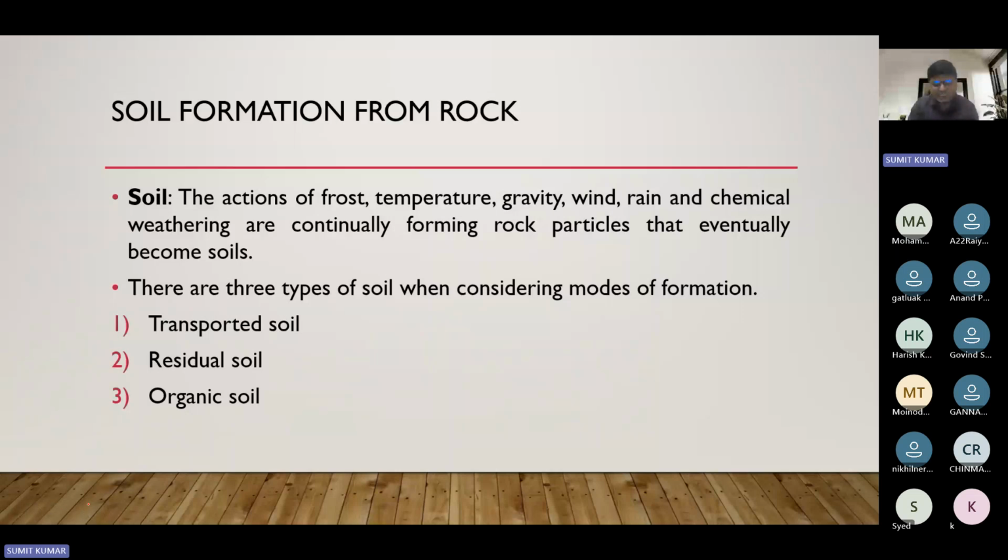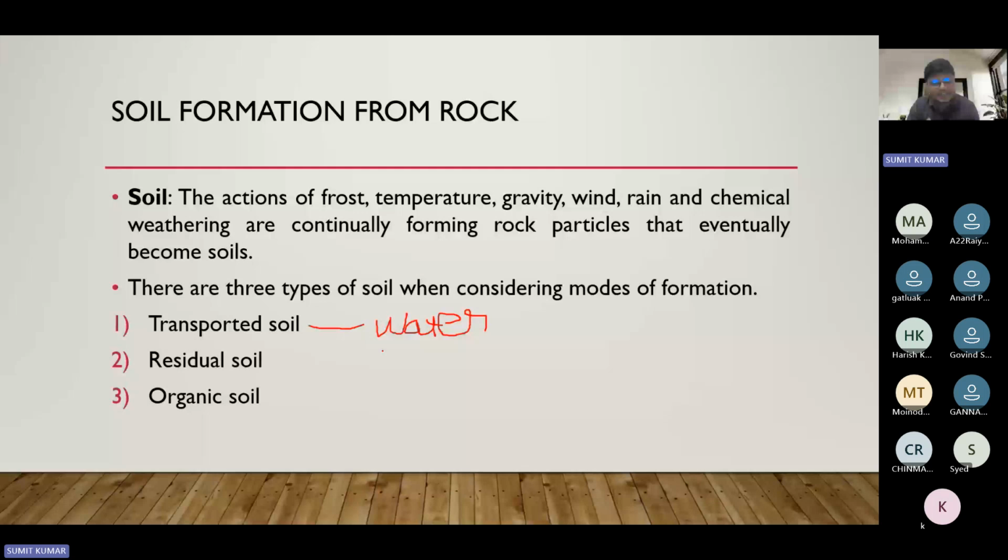Okay, I will take a pen again. For the transported soil, I think you are well aware that the agent could be water, right? I will say it only, because if I write it will take too much time. In the transported soil, the moving agents are water, wind, rain.